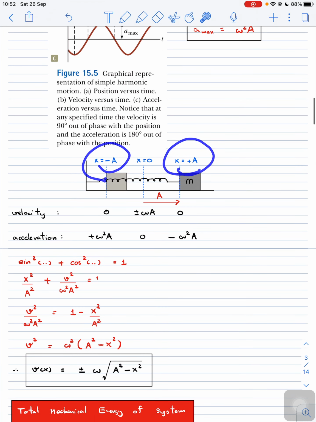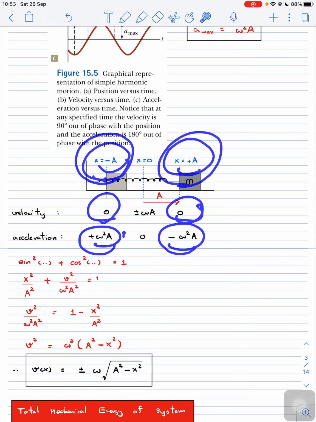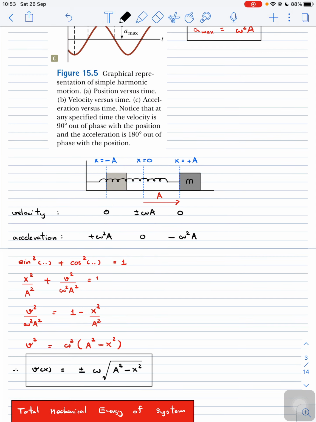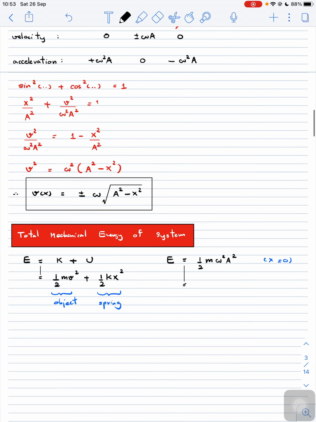Now for these two positions, we don't have the velocity of the object. It means that the kinetic energy of the object must be equal to 0 as well. But we have the maximum extensions and the maximum accelerations. It means that at these two positions, we will have the maximum potential energy of the spring, right?